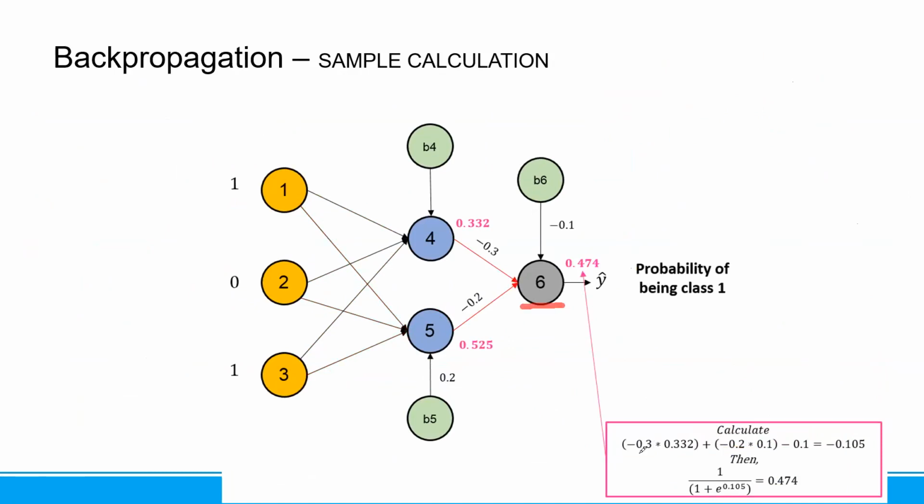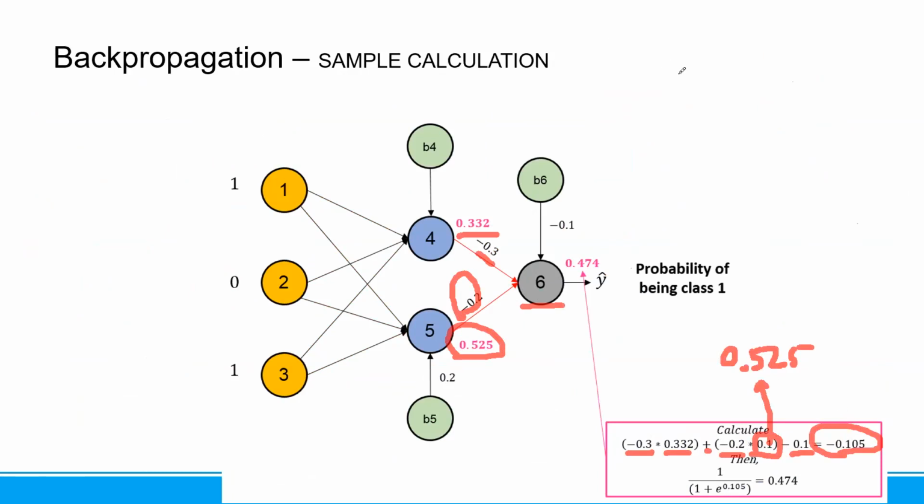For the last unit, we have minus 0.3 multiplied by 0.332 plus minus 0.2 multiplied by, oh sorry, this is a typo. It should be this one, 0.525, not 0.1, and minus 0.1. Then this is the result. Hopefully the number is correct.